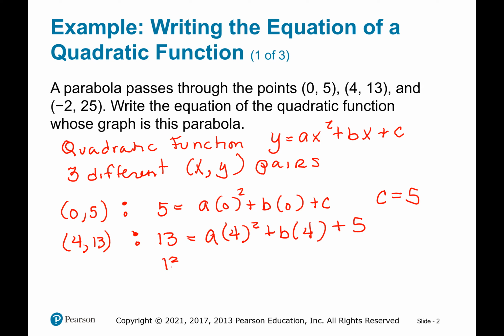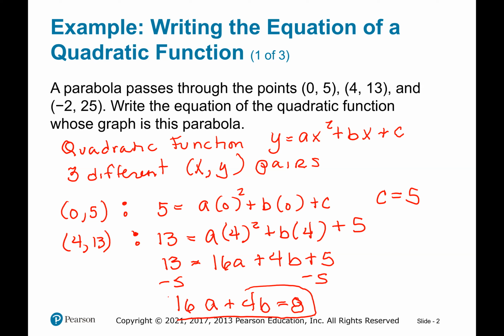I get 13 equals 16A plus 4B plus 5. If I subtract 5 from both sides, do I get an equation in A and B? 16A plus 4B is equal to 8. So there's one equation in A and B.